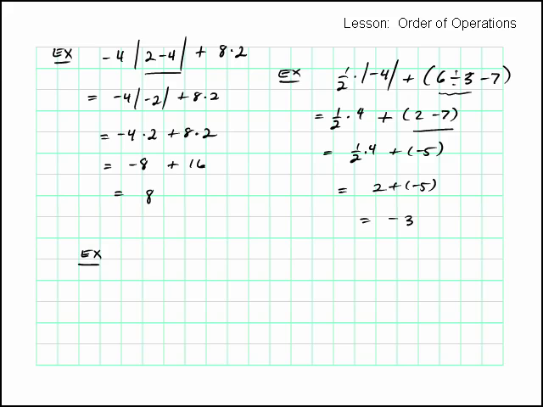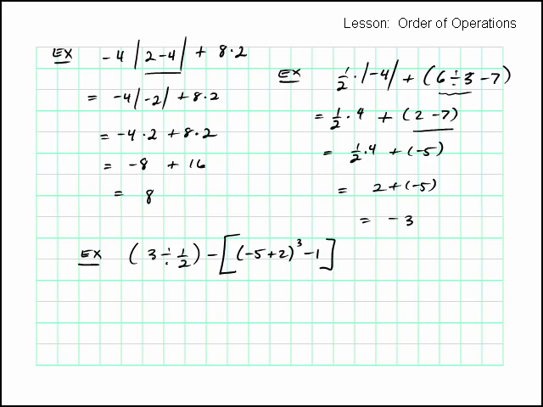Okay, now for one that has actually more than one set of parentheses in it. 3 divided by 1/2 minus, in brackets, negative 5 plus 2, cubed, minus 1. Brackets are just very large parentheses.